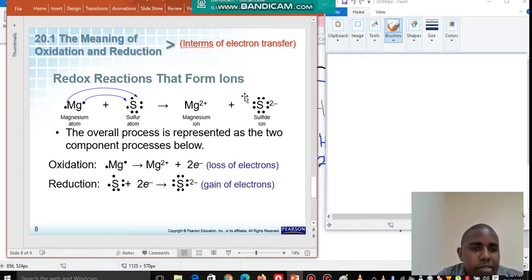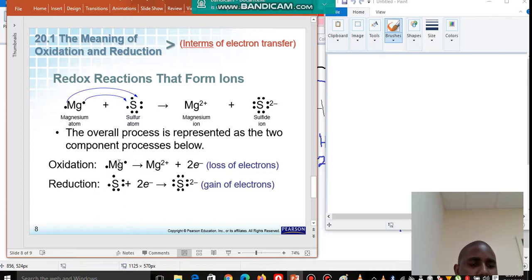and sulfur has been converted to sulfide ion, which has gained 2 electrons. So how do we define oxidation and reduction in this case?